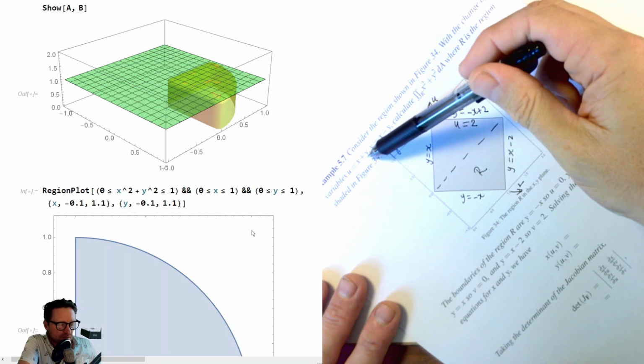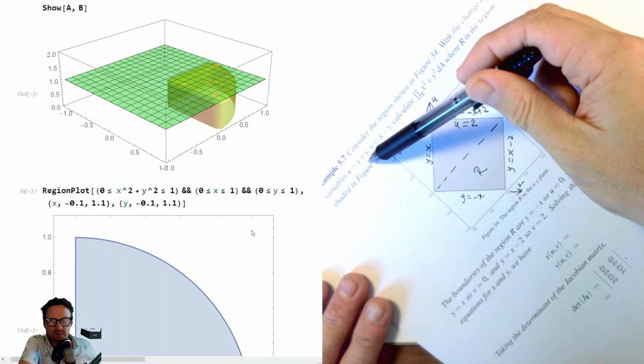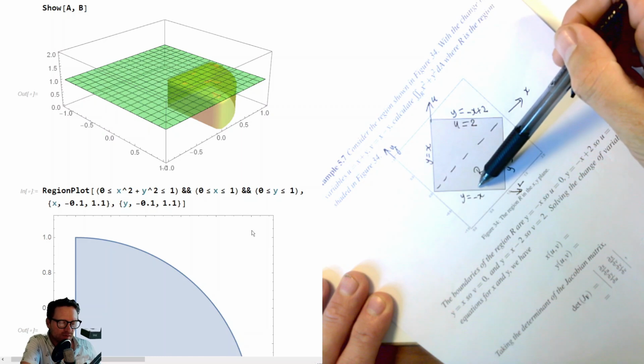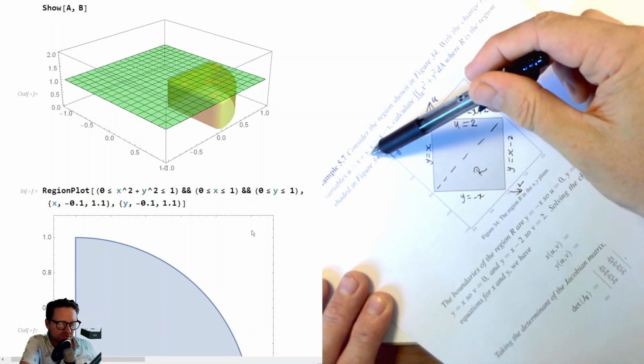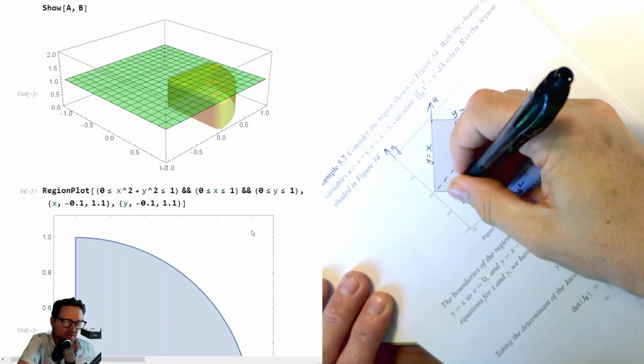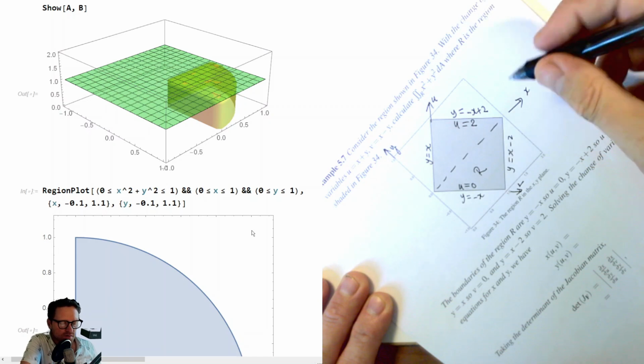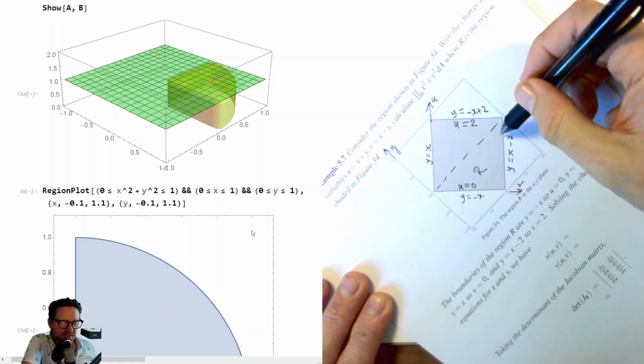When we replace y with minus x plus 2, the x's vanish and we just have u equals 2. Okay, similarly, if we replace y with minus x in that expression, we've got u equals 0. Now what about this line and this line?